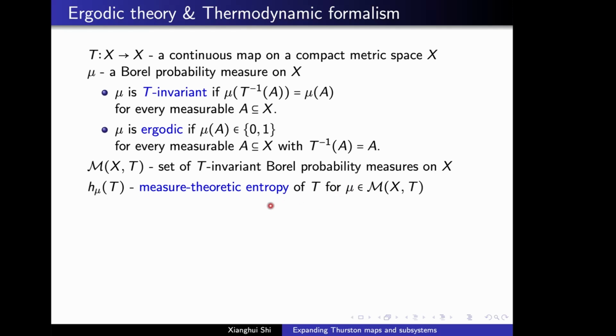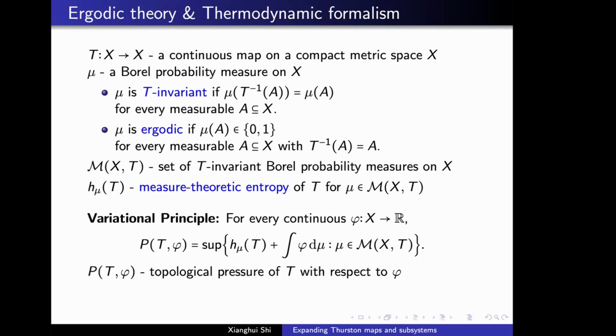Roughly speaking, this quantity h_mu(T) measures how chaotic the dynamical system is with respect to the given measure mu. So in some sense, it's quite similar to the Shannon entropy from information theory. Shannon entropy measures the amount of information. Here in dynamics, the measure-theoretic entropy measures the degree of chaos.